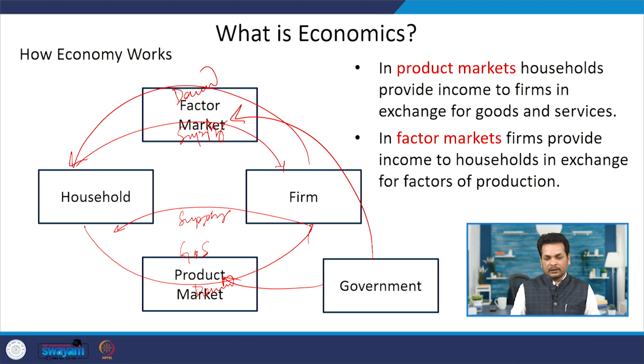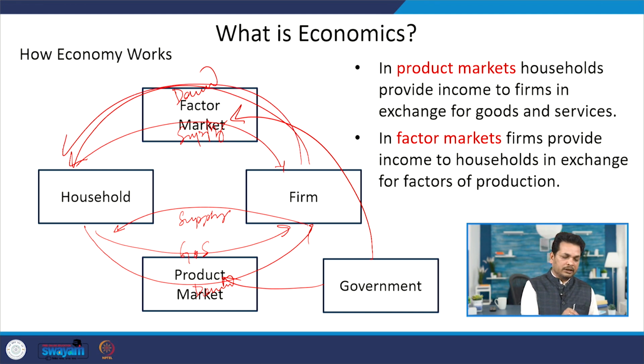In the product markets, households provide income to the farm in exchange of goods and services, and the farms get revenue. In the factor market, the farm provides income to the household in exchange of factors of production.